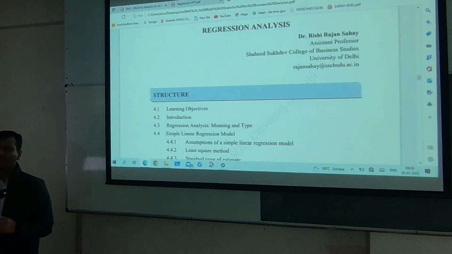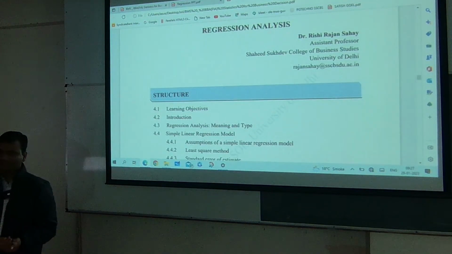You can find it from the correlation coefficient r. If r is negative, you have a negative relationship. If it is positive, you have a positive relationship, that means if one variable increases, the other would also increase. Negative means if one increases, the other would decrease. If you have zero relation, that means the two variables are independent. There is no relationship at all, and the value of r always lies between -1 and +1.